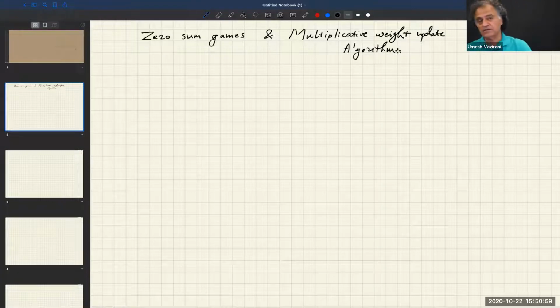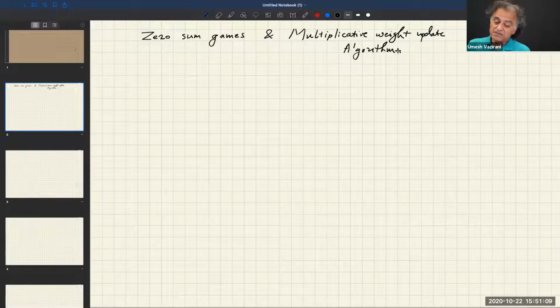Okay, so zero-sum games are a very simple type of game, which are related in a very interesting way to linear programming. And this multiplicative weight update algorithm is probably one of the simplest algorithms you'll see, but it's also one of the most useful algorithms. So it's a very interesting combination there.